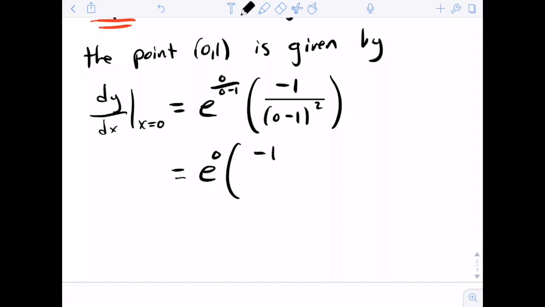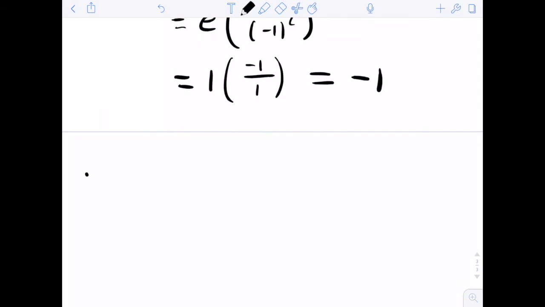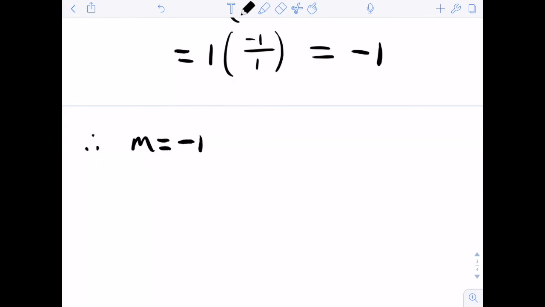Then we've got minus 1 divided by minus 1 squared, so that minus 1 squared becomes a plus 1 in the bottom. And then e to the 0 is just 1, right? So we have 1 times negative 1 over 1, which is just negative 1. So that's the slope of our tangent line. So therefore, m equals negative 1.